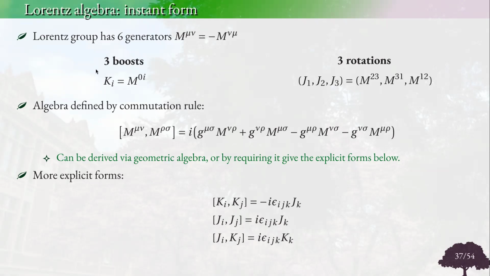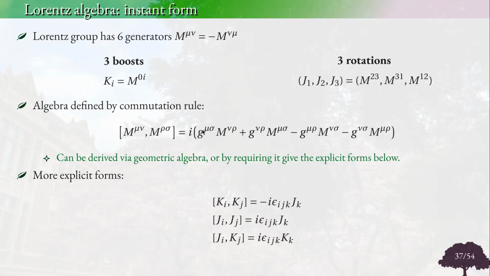Now, I'm not going to step through deriving this rule. There are 2 ways that you can do it. You can use what's called geometric algebra, basically Clifford algebra, or you can say that there are some linear coefficients.